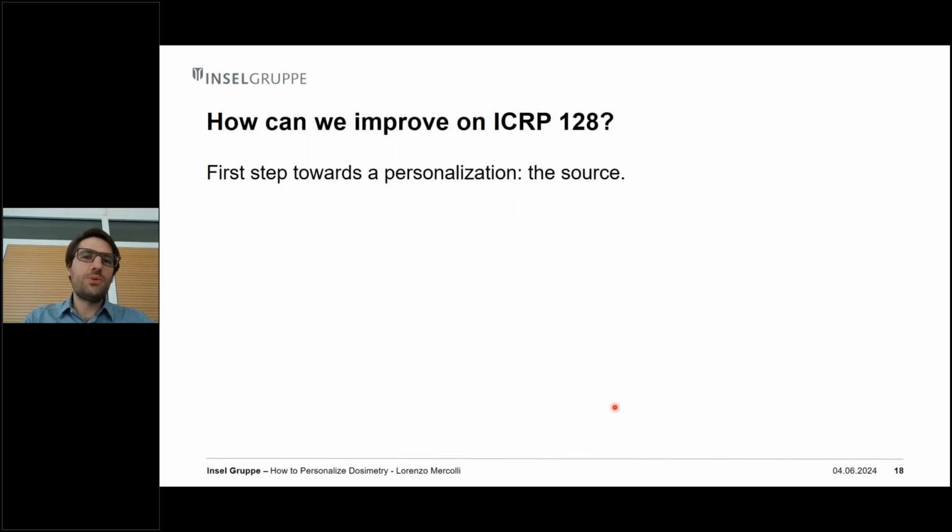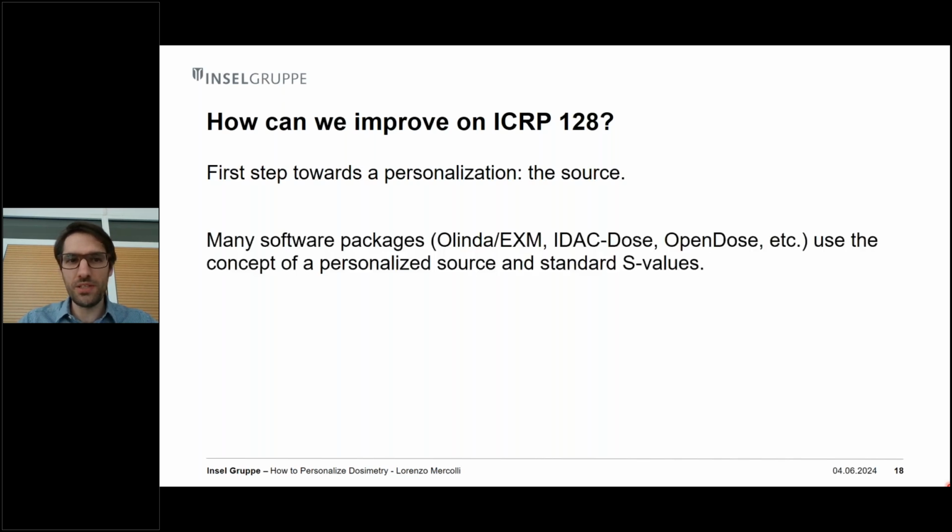Of course, now the question is, well, can we improve on this dose estimate from the ICRP? And the first step towards having a more personalized dose estimate is the source. And this is actually the concept that most standard software packages that you can buy on the market do.